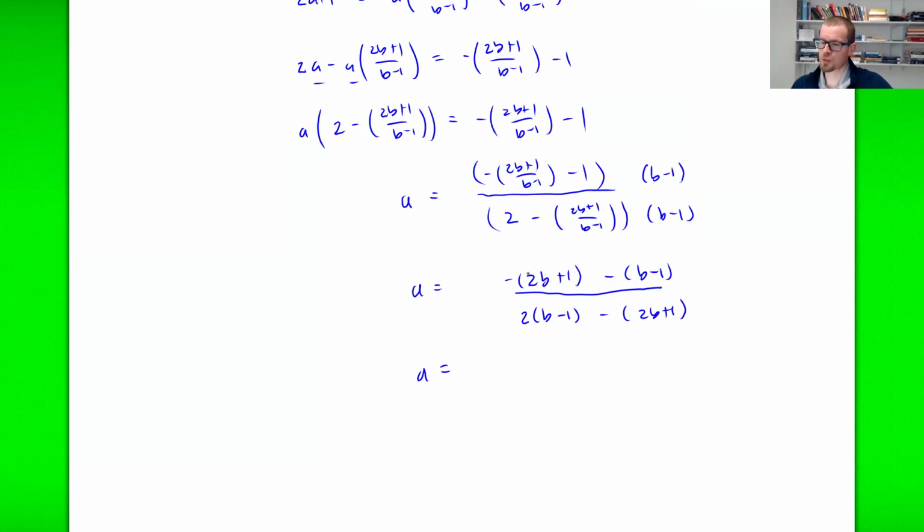So I'm going to remove the parentheses and then simplify further. So negative 2b minus 1 minus b plus 1, and in the denominator, 2 times b, 2 times negative 1, negative of 2b, minus 1.